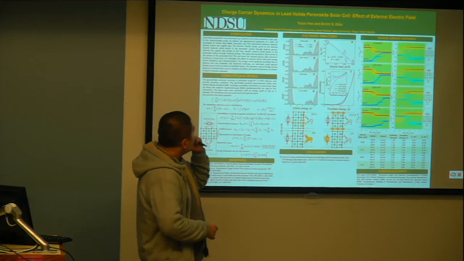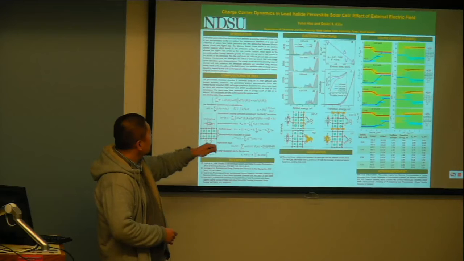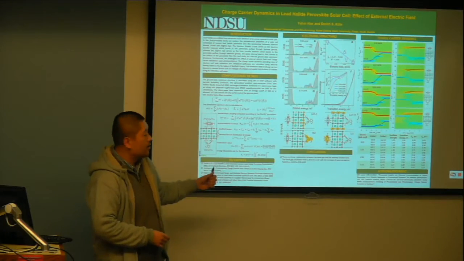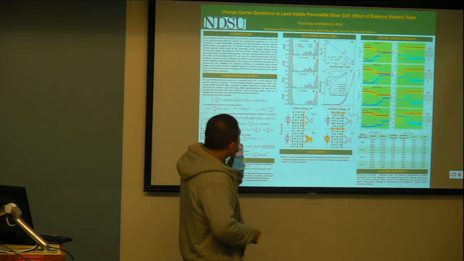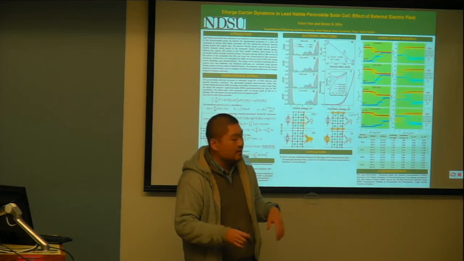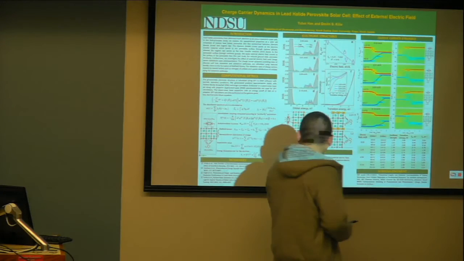This is a DFT study for the ground state structures. We do our calculations in VASP using the PBE functional. This is still restricted DFT. And for the charge carrier dynamics, we have home-made scripts, so there are equations.